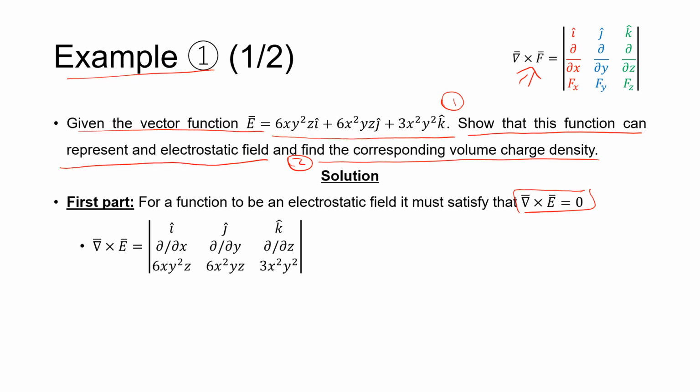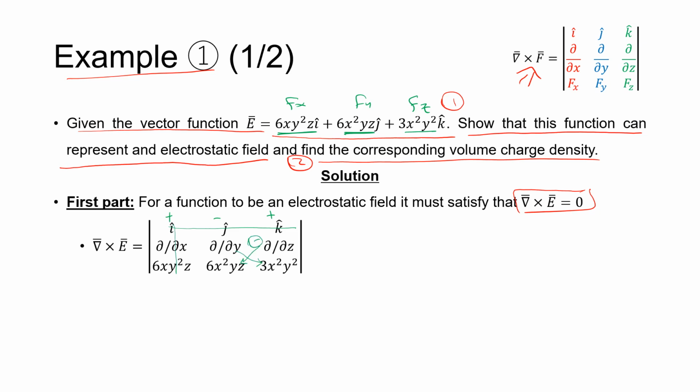Then we take every component down here: this one is Fx, this one is Fy, and this one is Fz. Then we apply the curl. The signs are positive, negative, positive. To calculate the i component, just erase these two things and make a cross multiplication like this, and don't forget the negative sign here.